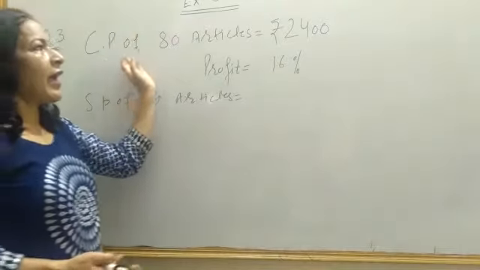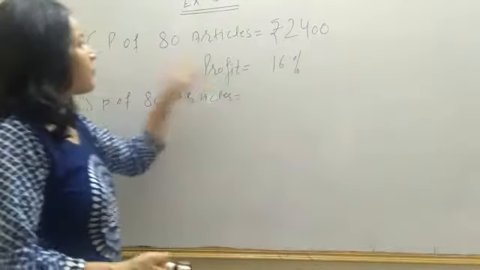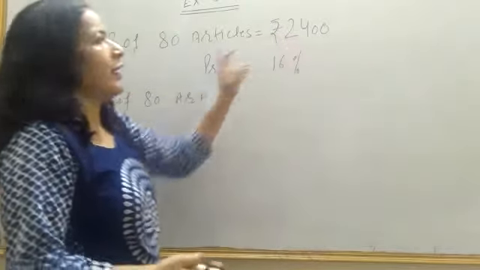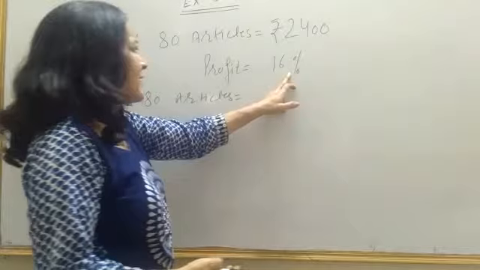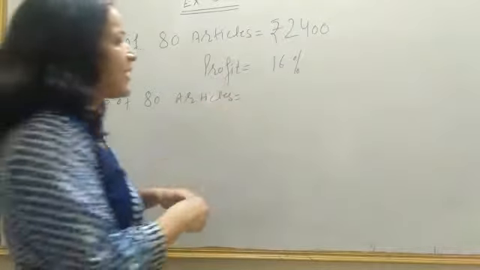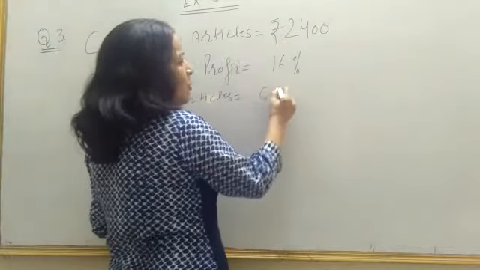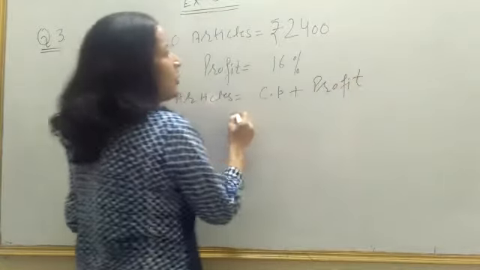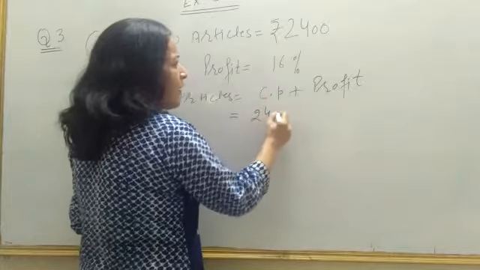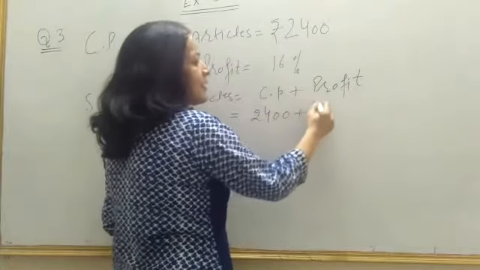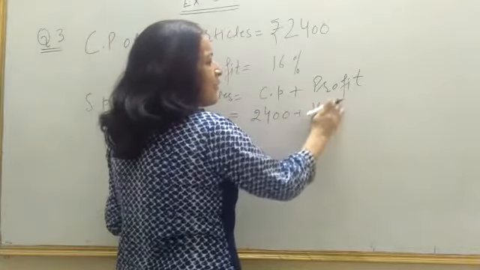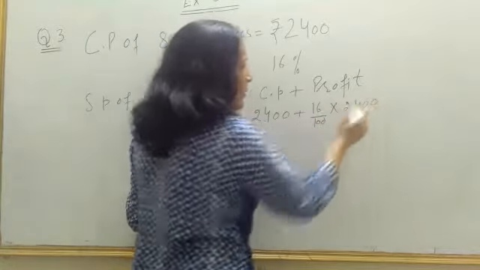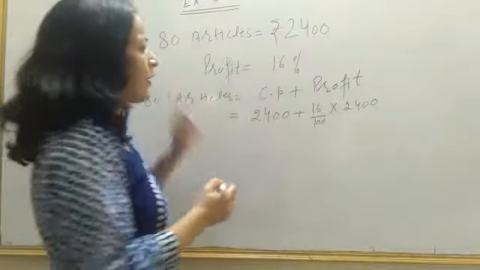First of all, I have to find the profit in rupees. Cost price of 80 articles is 2400, profit 16%. Selling price will be cost price plus profit. Cost price here is 2400, profit is 16% of 2400, because I earned profit on rupees 2400.